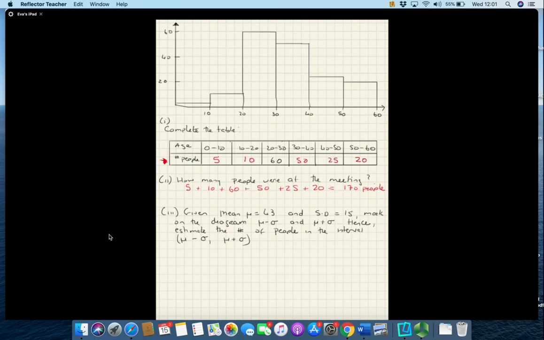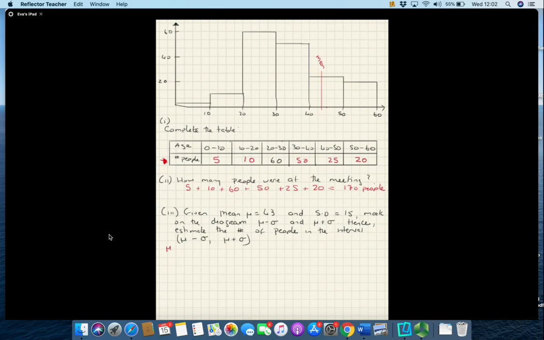Given that the mean is 43, so it's quite high. That would be 45 on my chart, so 42 and a half. 43 would be roughly here. Okay, so that's my mean. My standard deviation then is 15.